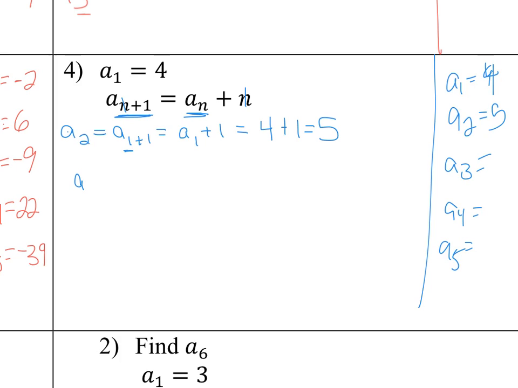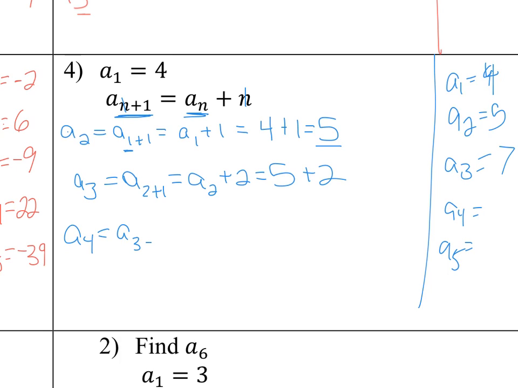Okay, so a sub 3 is a sub 2 plus 2. So a sub 2 is 5. 5 plus 2 is 7. A sub 4 is a sub 3 plus 3, because our n is 3.